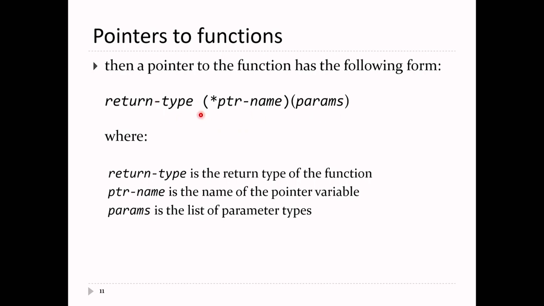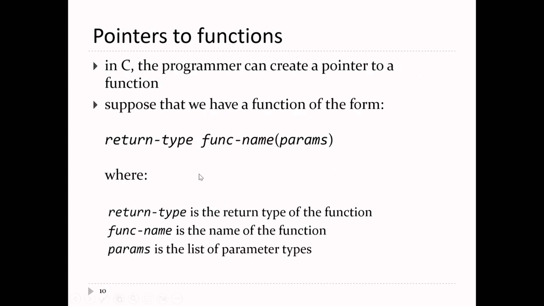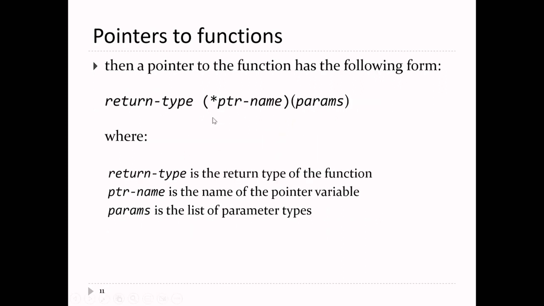It ends up looking like this. You basically copy all of this, and then delete the function name. You replace the function name with round brackets, an asterisk, and the name of your pointer, which is the name of the variable that you want.